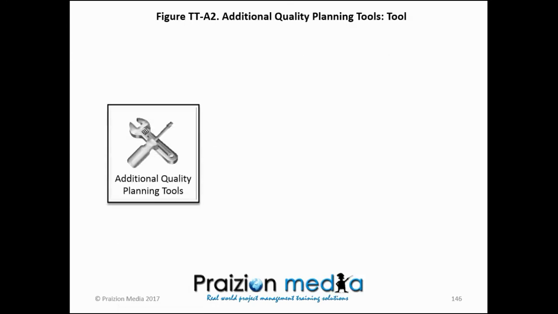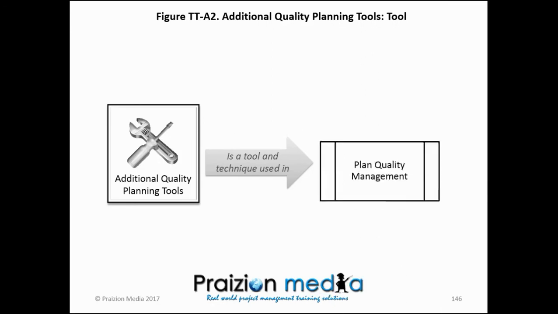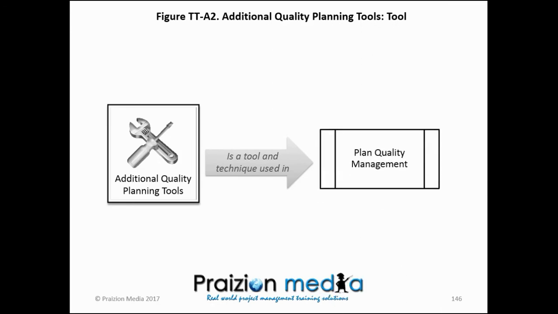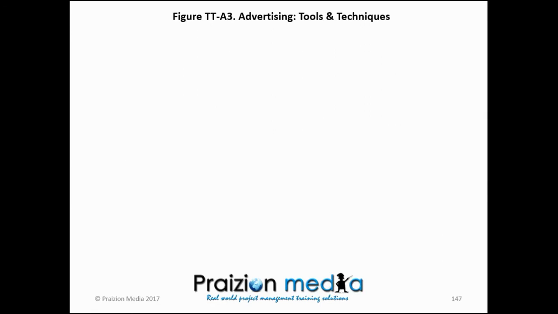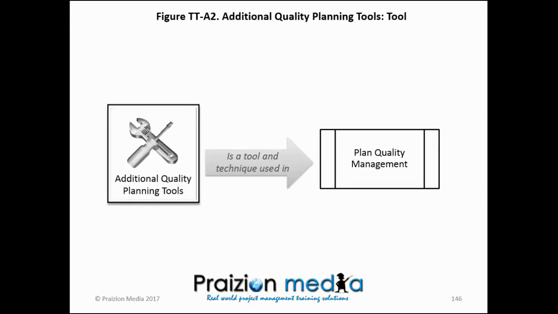How about additional quality planning tools? Do you know where this is used? I'm going to guess that it's perhaps plan quality management and maybe perform quality assurance. I guess we'll learn. Let's see. Well, it's used in plan quality management only, it seems. Yep. You see what I'm saying?